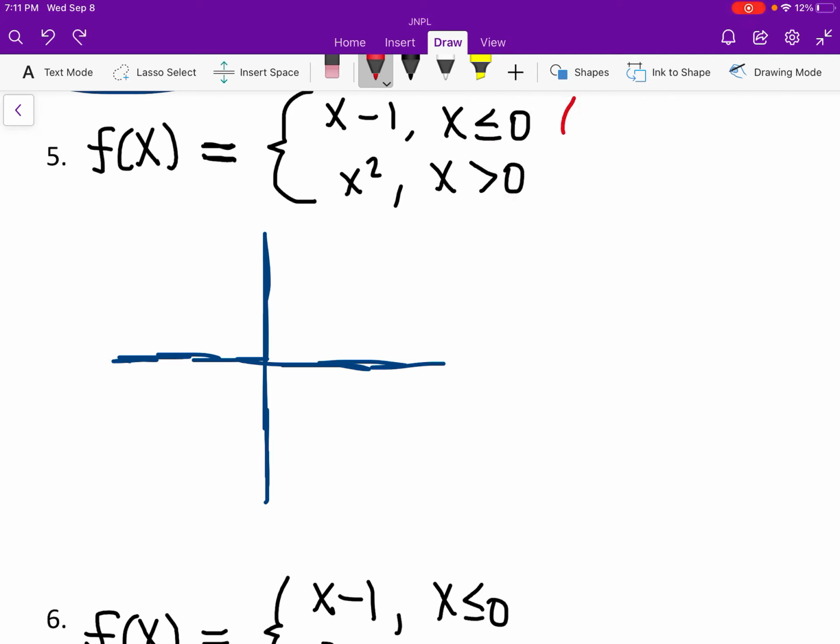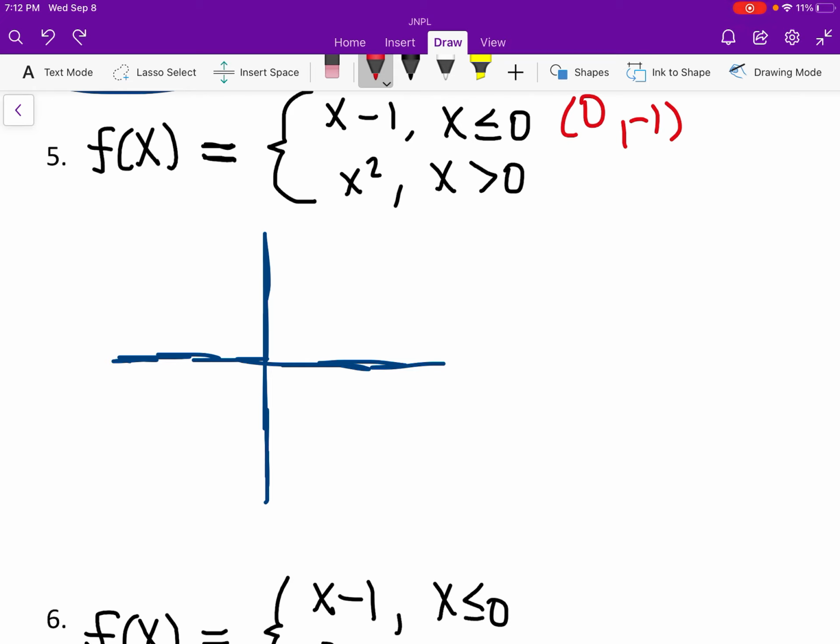So our starting point is going to be x something. To figure out the y value, plug in your x value to this part. So 0 minus 1 is negative 1. So that's our starting point. And don't get confused and think, oh, x minus 1, that would mean right here. That may actually be true, that that's a point on this, but you need to keep that in mind.